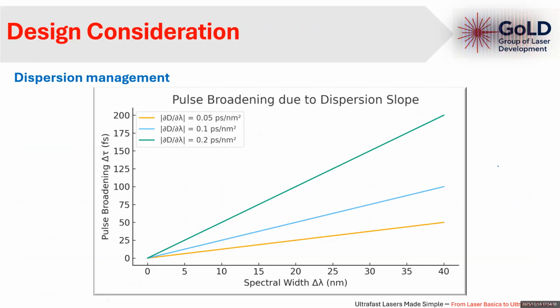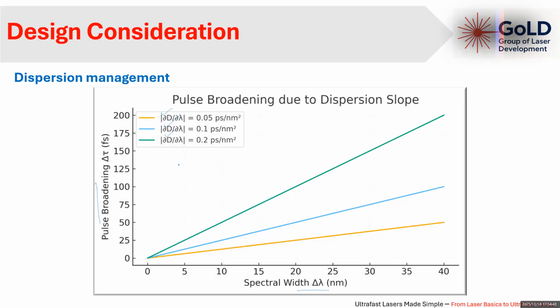This plot shows the spectral width and pulse broadening, delta tau, and we fixed some values for the GVD: three values, 0.01 picosecond per nanometer square, 0.1 picosecond per nanometer square, and 0.2 picosecond per nanometer square.